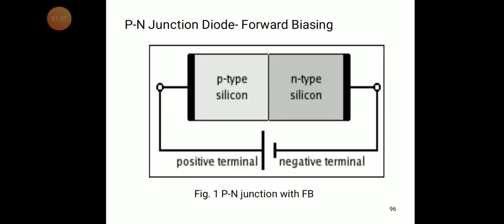Actually, what is the meaning of biasing? We need to know what biasing means. Biasing means applying an external DC voltage.